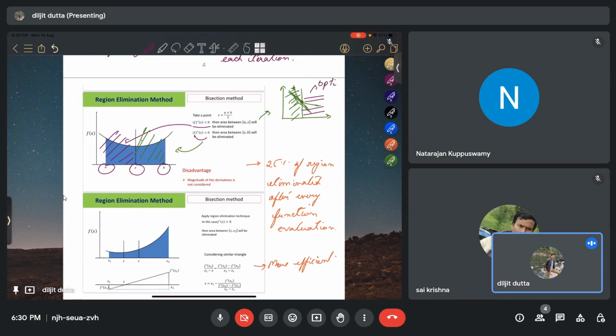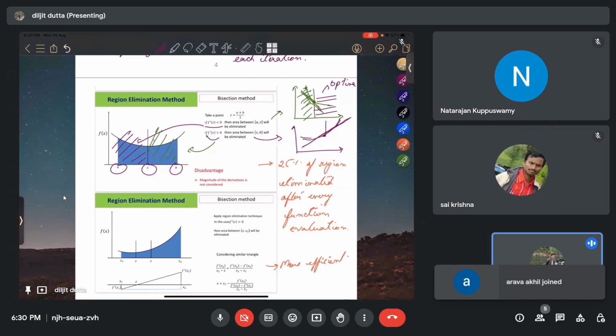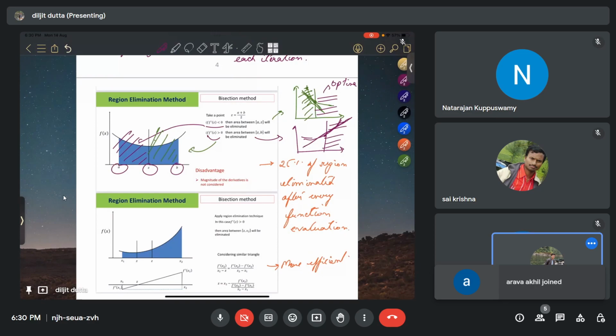And if f dash is greater than 0, the function will be something like this, z is here, and the slope at z will be positive. So you can eliminate this region, since the optima cannot be in it. The optima will be on the left hand side.